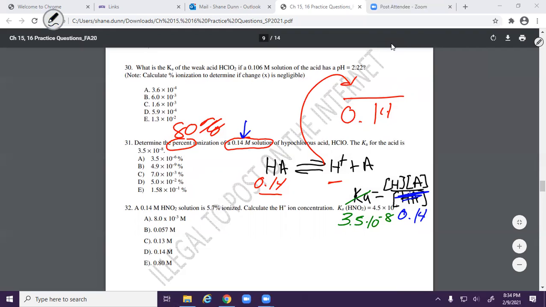Does it mention the pH or the concentration of anything anywhere in here? No. So those are going to be our X values. So X times X is X squared. Solve for X. Does that make sense? Okay. Once you get X, just plug it in right here.